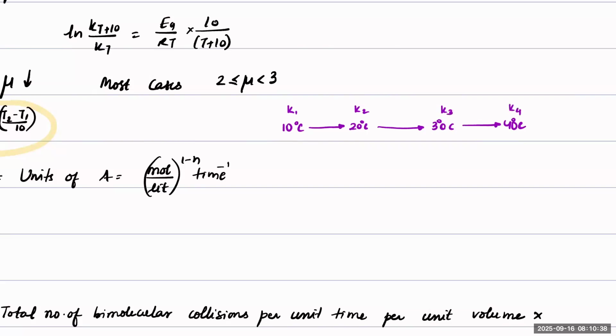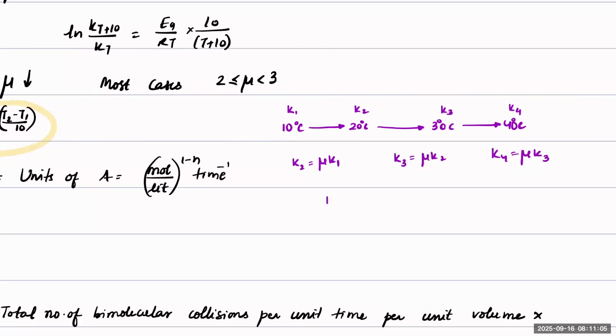Can I say that K2 will be equal to mu times K1? Correct. And K3 will be equal to mu times K2, and K4 will be equal to mu times K3, considering in all three cases the mu change is the same. Mu is constant.